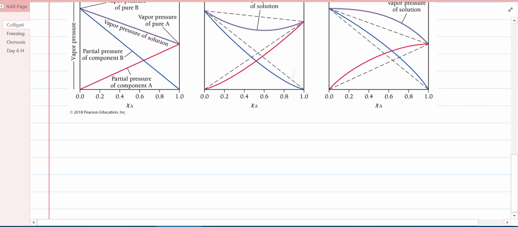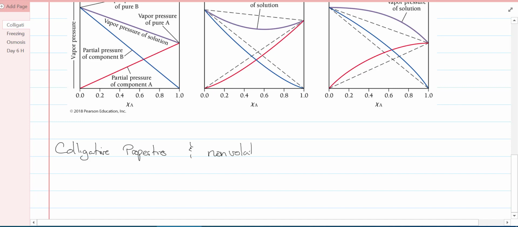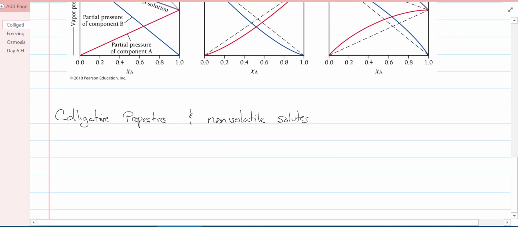Now, we are going to focus in on the colligative properties and the non-volatile solutes. So colligative properties and the non-volatile solutes.